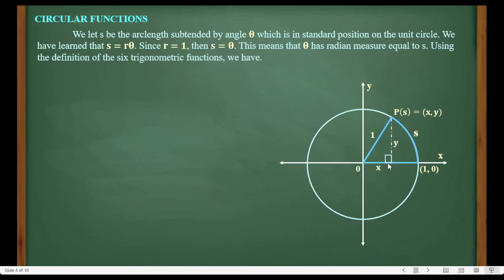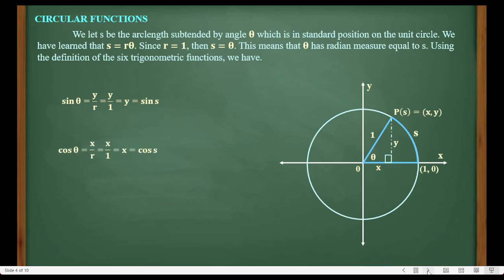Now, using this right triangle, we can now declare the 6 trigonometric functions. Sine theta is equal to y coordinate over the radius, and that is y over 1, or simply y, which happens to be the equivalent of sine s.